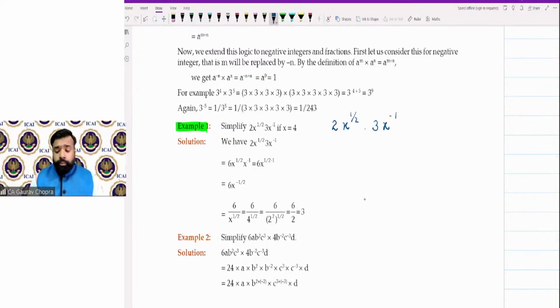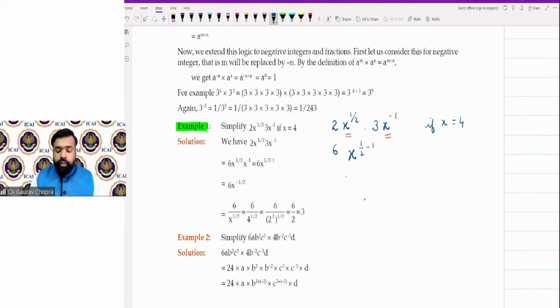We have to simplify this if the value of x is equal to 4. First of all, let us multiply the numbers together. 2 multiplied by 3 becomes 6. Now x and x, base is same, so we have to add the powers: x to the power of half and minus 1.